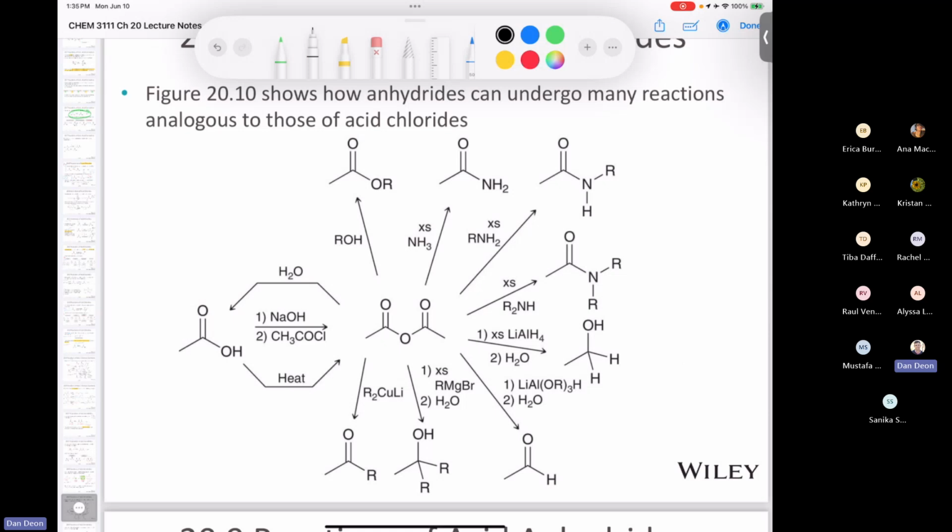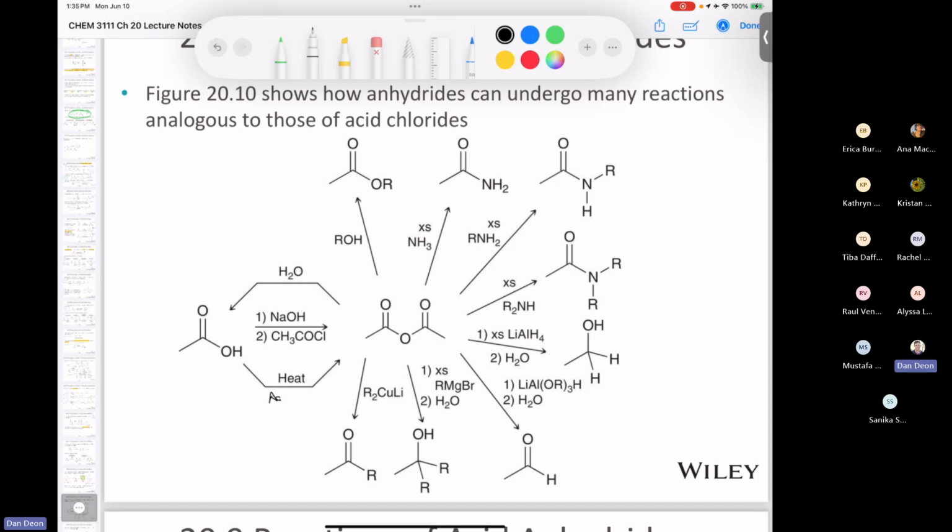So figure 2.10 shows how anhydrides can go through many reactions analogous to those for acid chlorides. Okay, so now we're kind of repeating what we saw with the acid chlorides, but now we have an anhydride. Follow along with me. The first one is if you want to make an acid anhydride, you've got a couple of options.